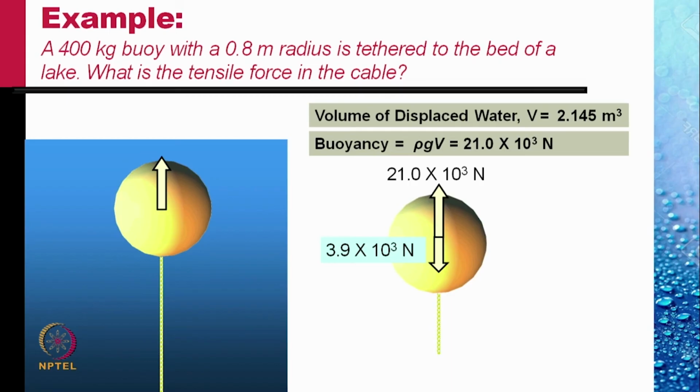This is the free body: 21 into 10 to the power 3 Newton upwards, and the weight of the 400 kilogram buoy, which is 3.9 into 10 to the power 3 Newton, downwards. The difference must be balanced by tension, which would give you 17.1 into 10 to the power 3 Newton.